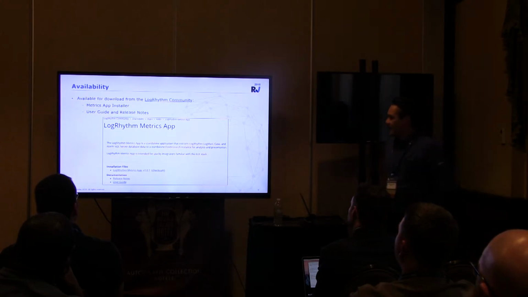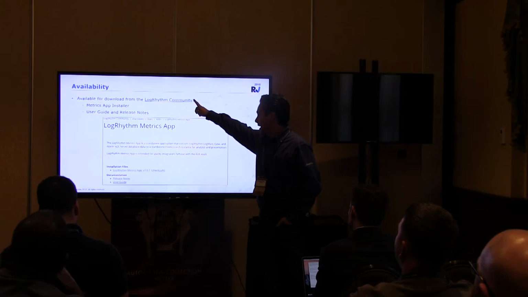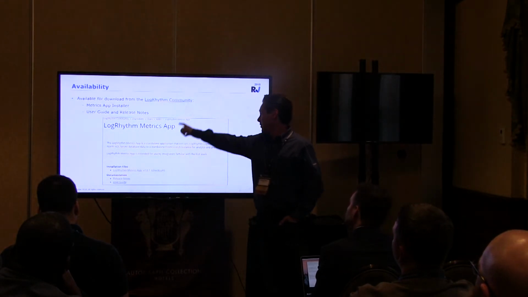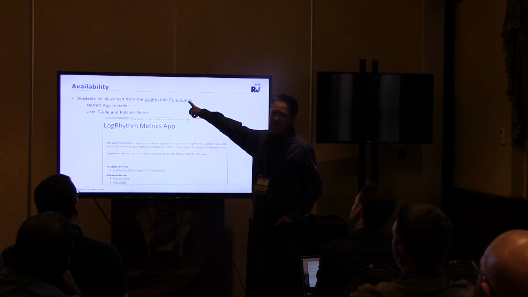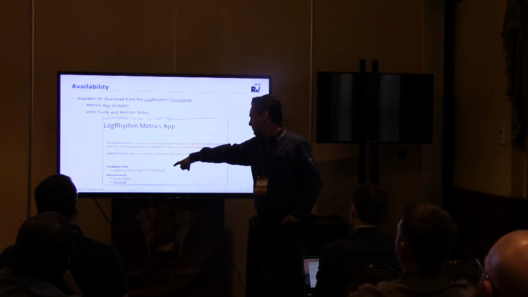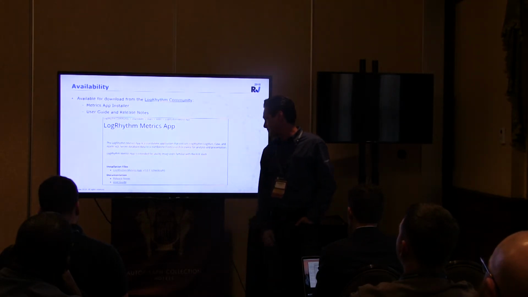So availability, as I mentioned, this is available now on the LogRhythm community. It's under shareables, apps. This is a hot link. You'll get these slides from the community as well, and you can click on the link, or you can just search for the Metrics app on the site.